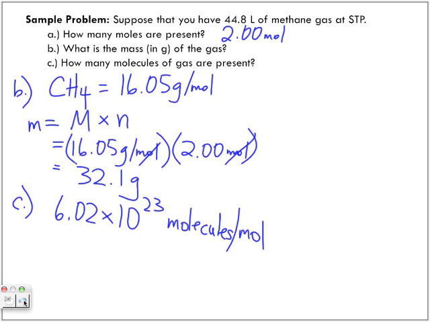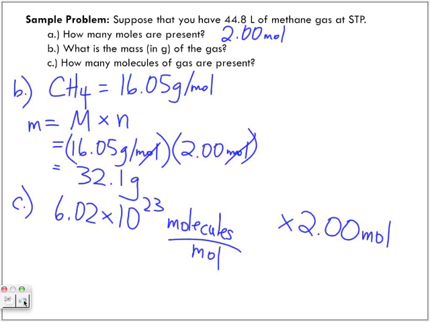So we're going to multiply that by what, to find the number of molecules? The number of moles. Because it's molecules per mole, if we multiply them, moles cancel out, and it gives us the number of molecules, which is equal to 1.20 times 10 to the power of 24 molecules.